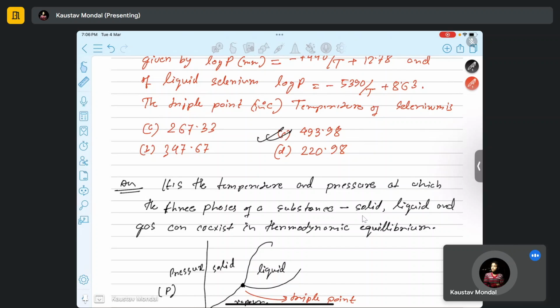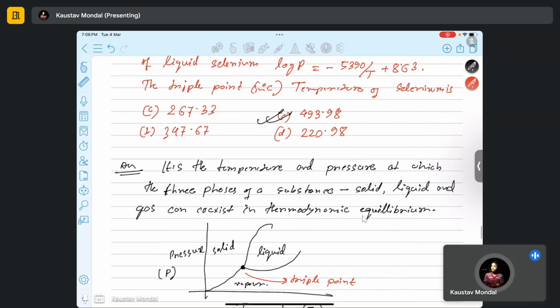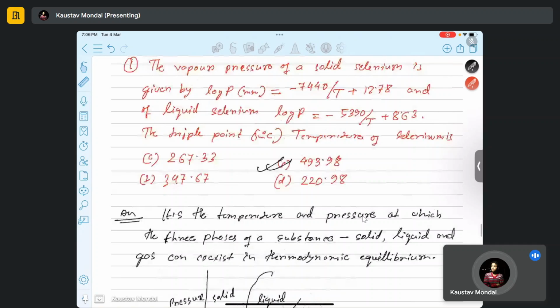So you have understood how to do this problem. At the triple point, the solid, liquid and gas phases coexist with each other. For this problem you have to equate the vapor pressure of both the solid and liquid phases, because at the triple point the pressure should be the same.